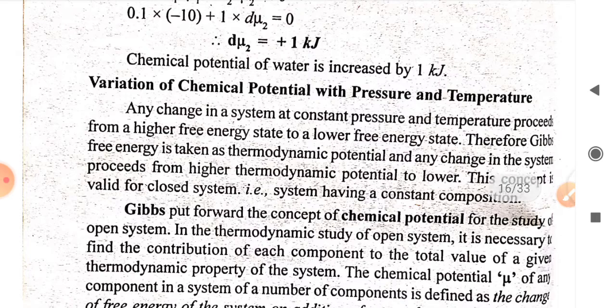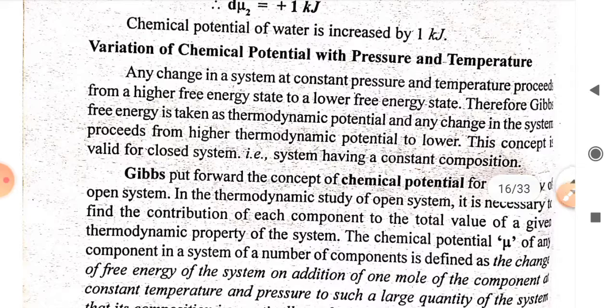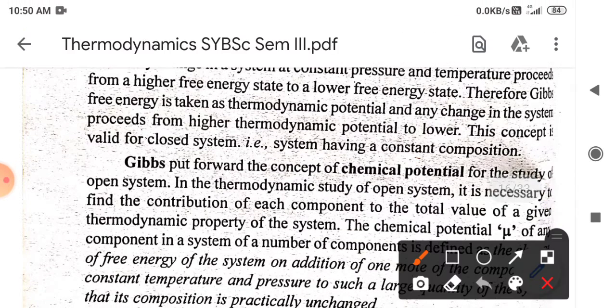Now the next important derivation is the variation in the chemical potential with respect to pressure and with respect to temperature. We have already studied this for the Gibbs free energy, but those Gibbs free energy relationships are studied for the closed system.